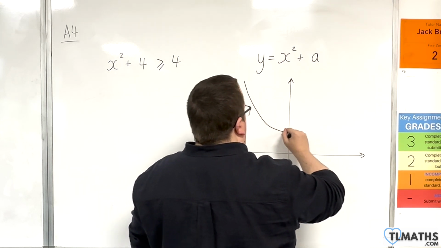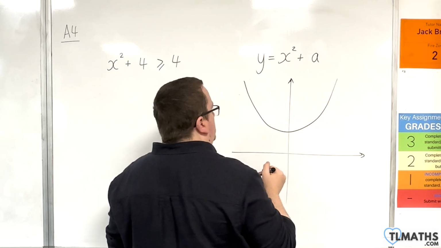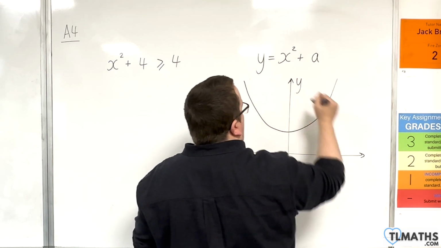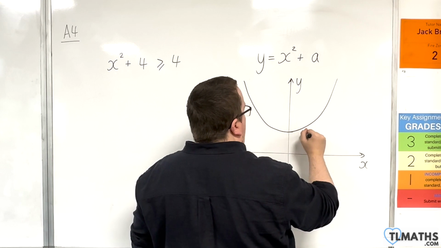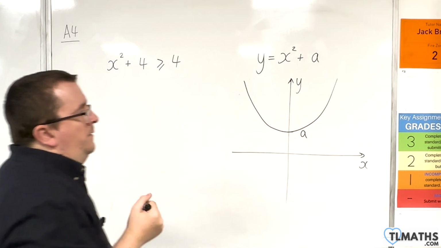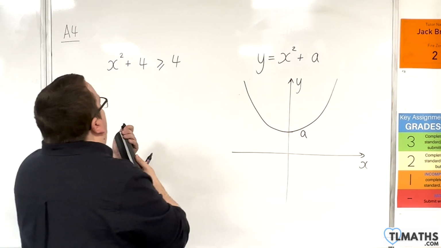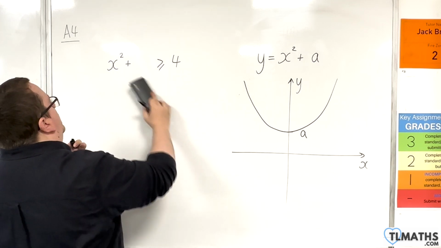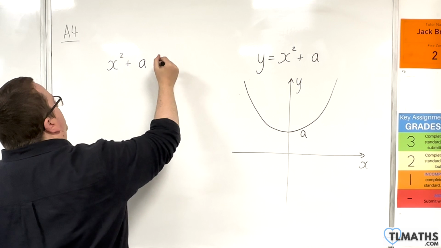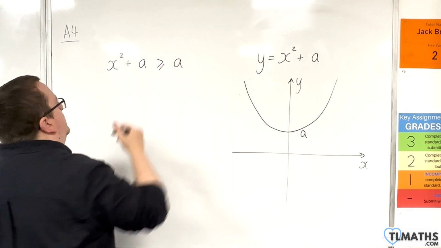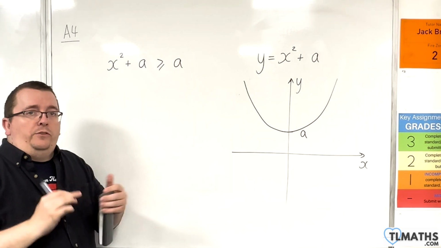This is a parabola with the y-axis as a line of symmetry, where its lowest point is a. So we can say that x squared plus a will always be greater than or equal to a for all real values of x.